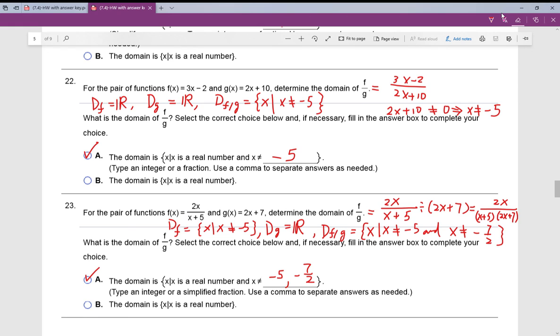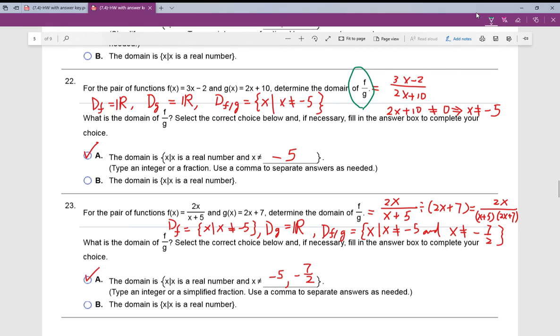Number 22, that's only one number that needs to be kicked out. Number 23, something negative 5 is not allowed. But number 22 and 23 are different because they are talking about division, right?